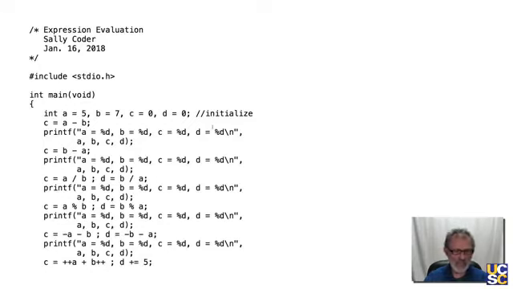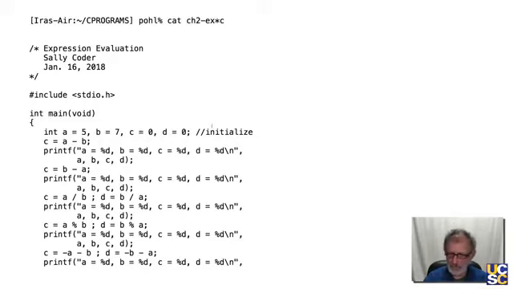So a is initialized to 5, d is initialized to 0. Then we have an expression where c is assigned a minus b. Well, a is 5 and b is 7, so we'd expect 5 minus 7 to be -2. So if we use that print statement, we should see a is equal to 5, b is equal to 7, c is equal to -2, and d is equal to 0.